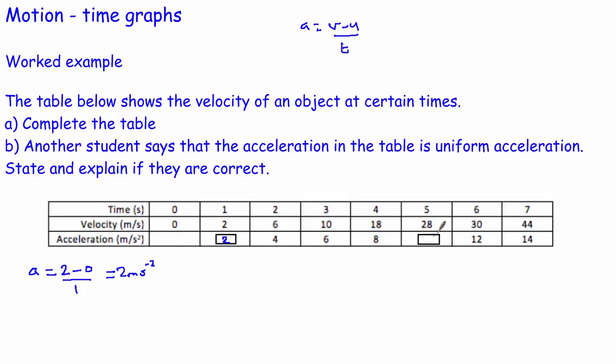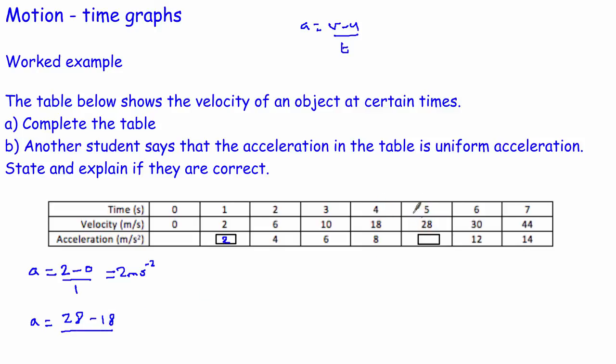For this one over here, at 4 seconds the velocity was 18, and at 5 seconds the velocity was 28. So we can do the same thing, and we'll have a different acceleration. Acceleration is equal to the final velocity, 28, minus the starting velocity, 18, over the time taken.